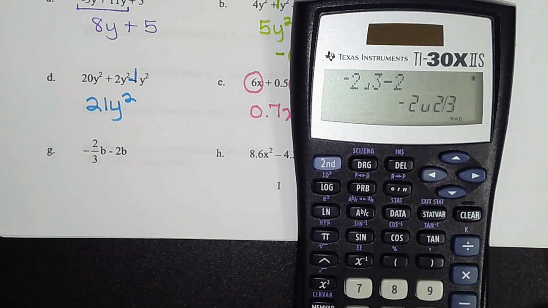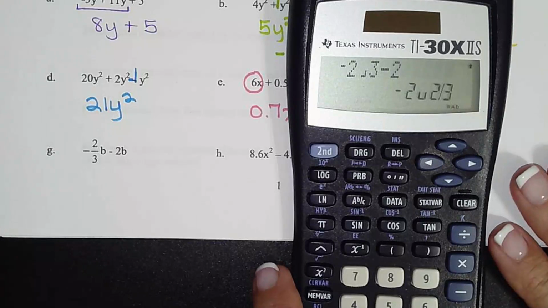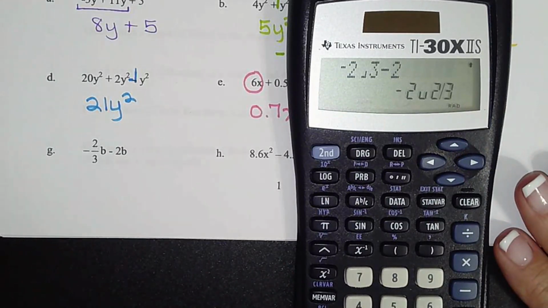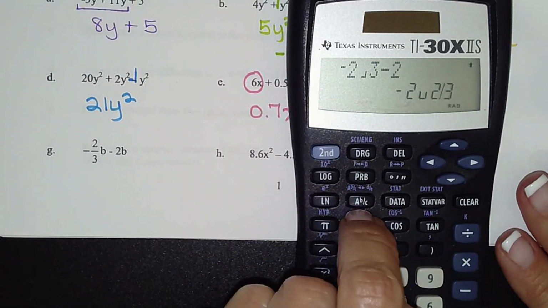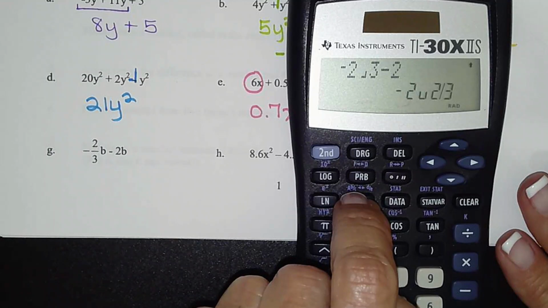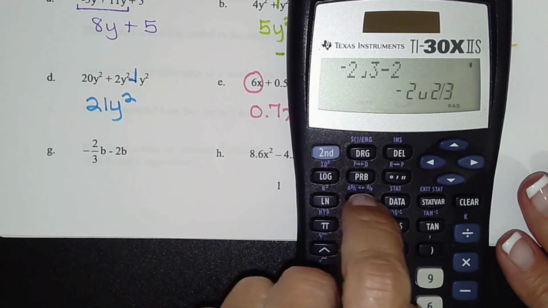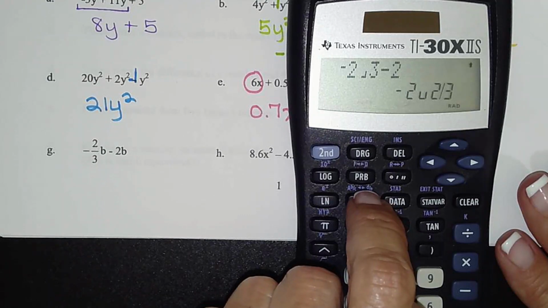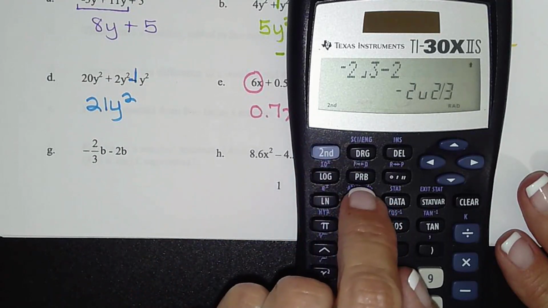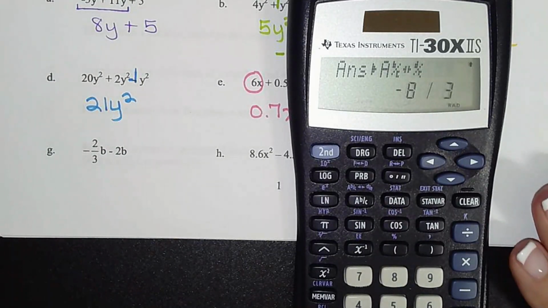Usually we don't use mixed numbers for algebra. Another cool thing this calculator does, and this is why you want to get one right away so you can be practicing this stuff: there's a key right above the ABC. It says change ABC into D over E. That means change a mixed number into an improper fraction. Because it's blue, we have to use the second key and then ABC, and that'll turn it into an improper fraction for us.